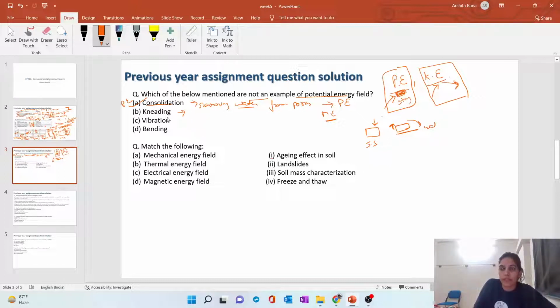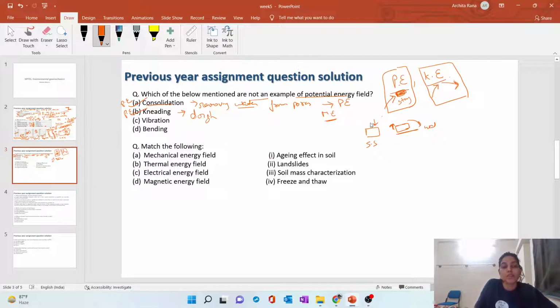A simple example: you have a dough, and until you make rotis out of it, it will still remain dough, right? Until you apply any other energy to it, it will keep the shape that it has. So it is potential energy.